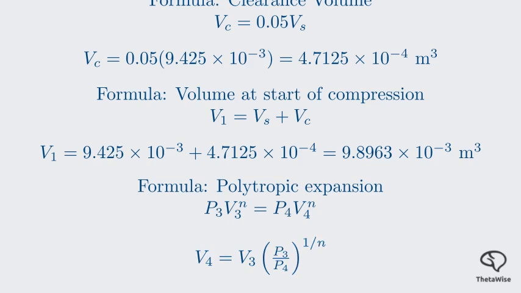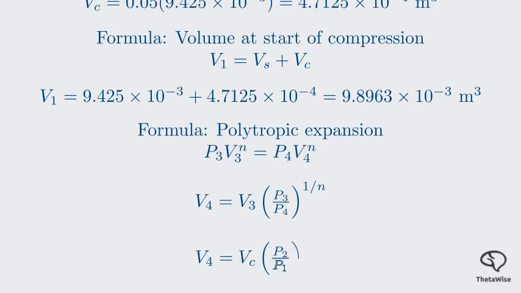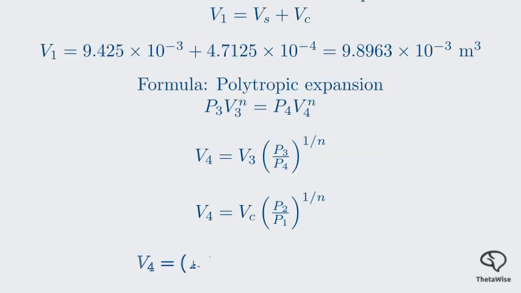We know that V3 is the clearance volume, Vc. The pressure P3 at point 3 is the discharge pressure, P2, and the pressure P4 at point 4 is the intake pressure, P1. So, the formula becomes V4 equals Vc times the ratio P2 over P1, all to the power of 1 over n.